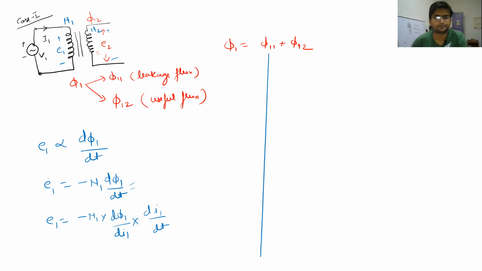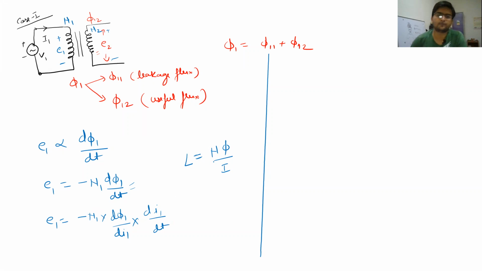From the initial lectures of network theory, you must be remembering one formula, that inductance L is equal to N phi divided by I. Inductance L is a material property and it does not change.